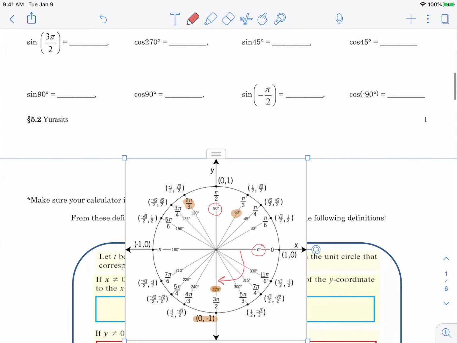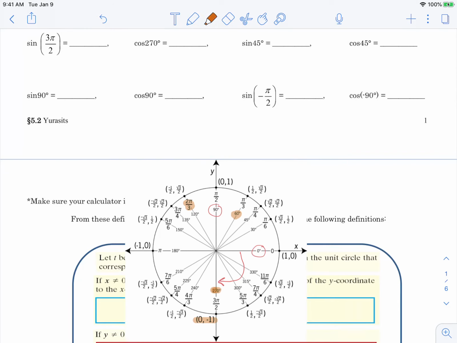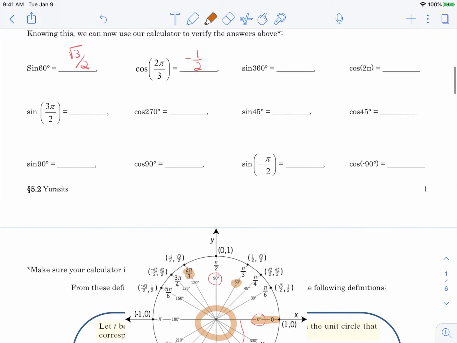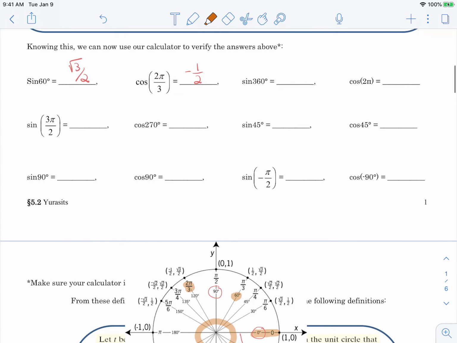Sine of 360 degrees. Here's 360 degrees. Remember, it's one full revolution around your circle. Again, just to remind you, I go once around. I'm looking for, was it sine or cosine? Sine. And so that's why it'd be 0. Cosine of 2 pi, you're in the same location, but it's your x value, so it's 1.